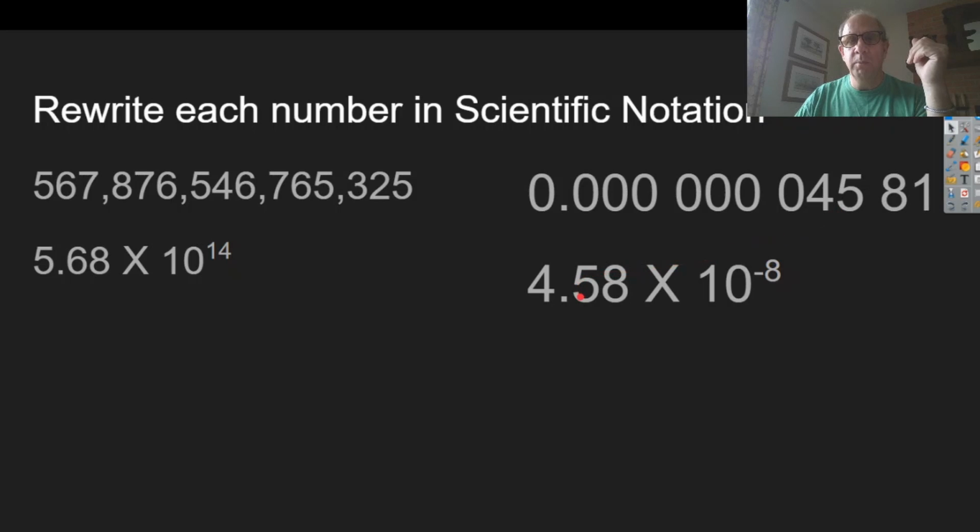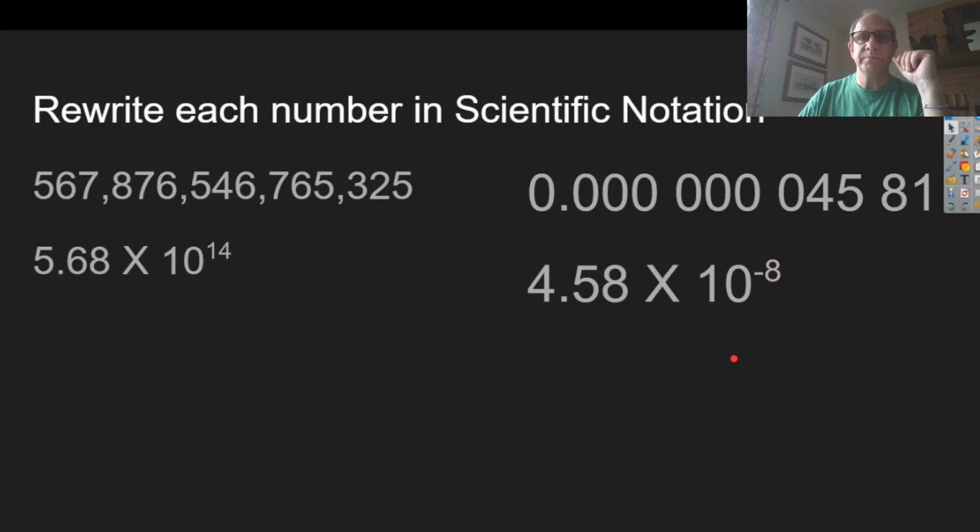So this is 4.58 times 10 to the negative 8. Notice, I dropped the 1 because I'm only keeping 2 decimal places. The 8 stays as an 8 because the 1 here is a number less than 5. So 4.58 times 10 to the negative 8 is the scientific notation for this number.